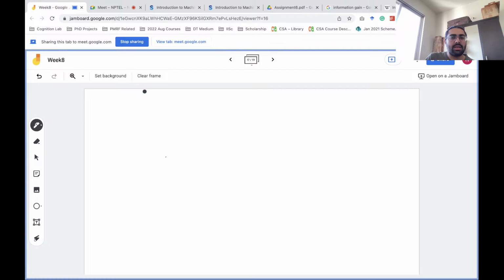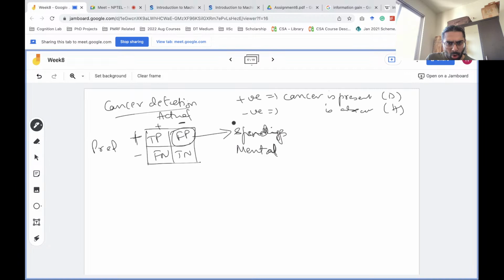That person will basically end up spending a lot of money on tests, doing more tests, so that's one thing. The second thing is the mental issue that they have. For example, now they get sad about having so-and-so disease. All of these are the downsides of a false positive.